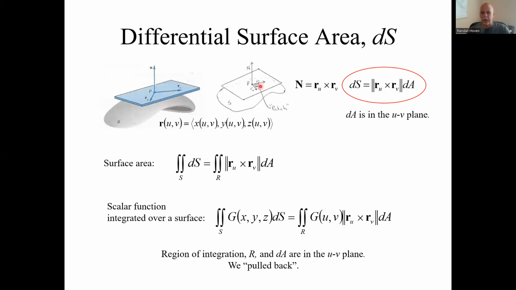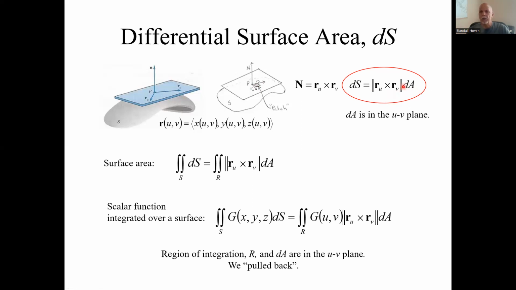It was the cross product. Well, actually, the magnitude of the cross product. And if you shrink that patch down, so where those delta u and delta v became a du dv, or a little dA, where this dA is in the uv plane.